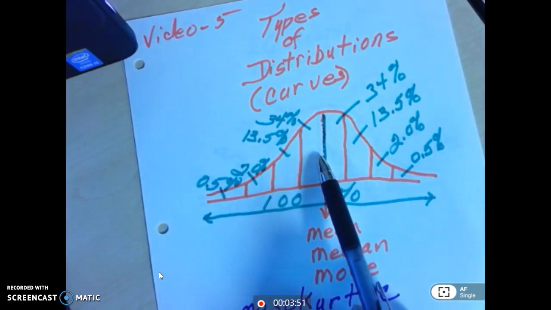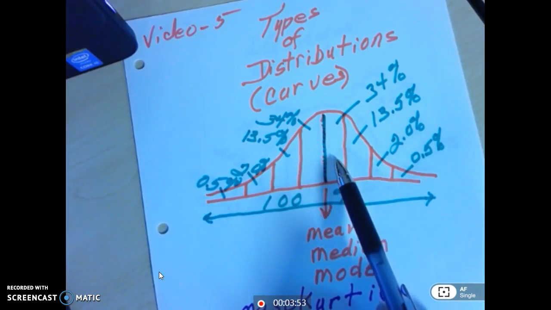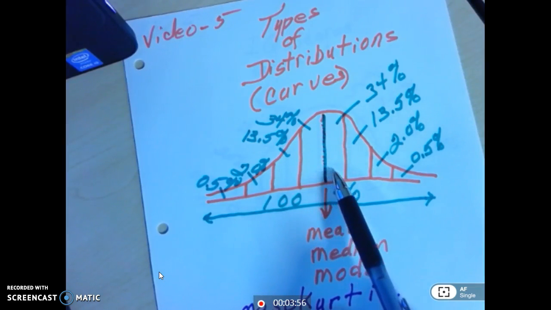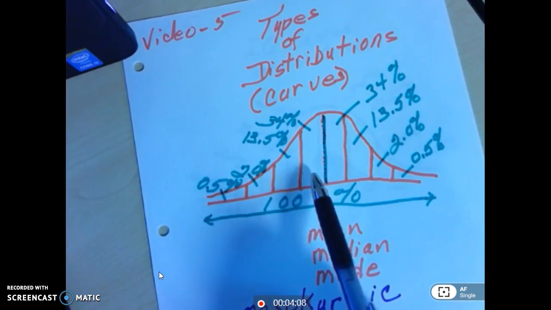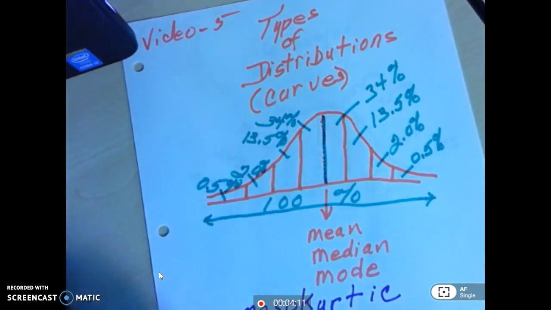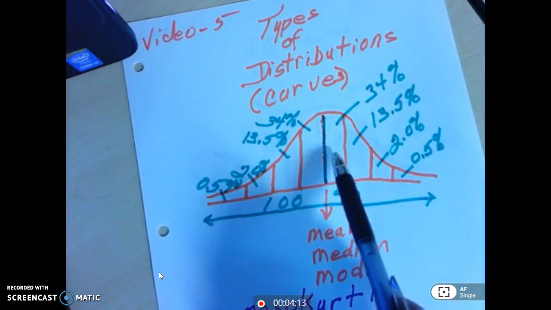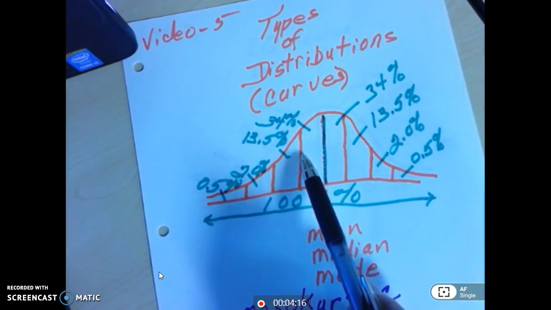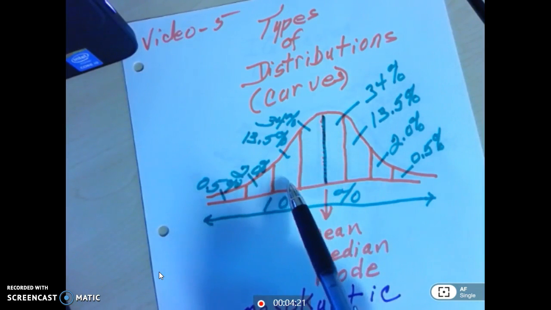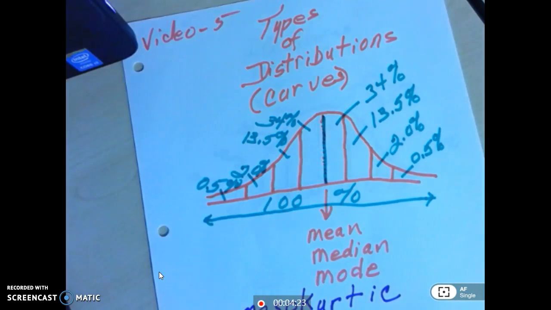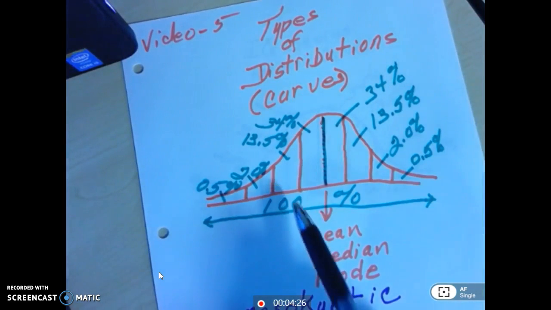Now, these percentages do not vary. The standard deviation can vary. The standard deviation can be whatever your figures give you. So in a normal curve this will always stay 34%, 34%, and you'll notice that we have 68% here, and close to 90% here.